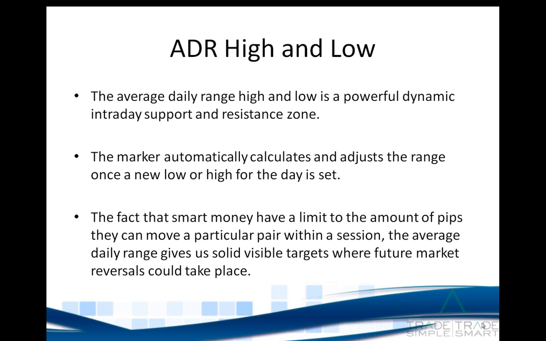During the day, if we're looking at the sterling against the dollar, for example, and we've calculated that there is an 80 pip daily range, then using the marker and by plotting this 80 point range, we can have highly visible and high probability targets where future market reversals can take place.